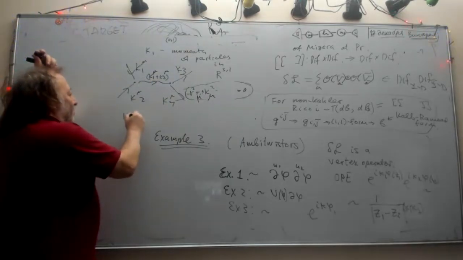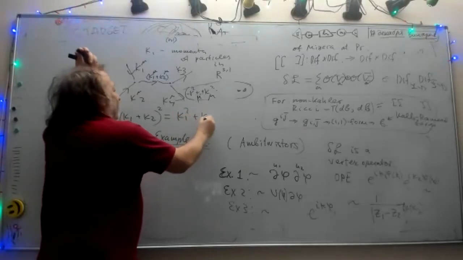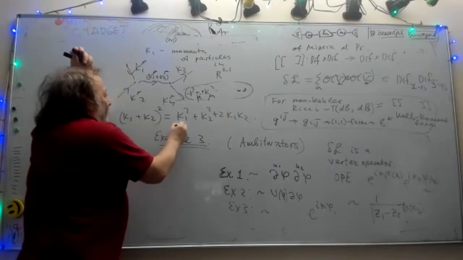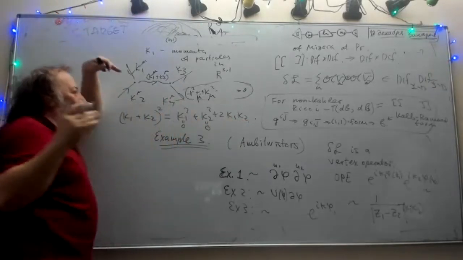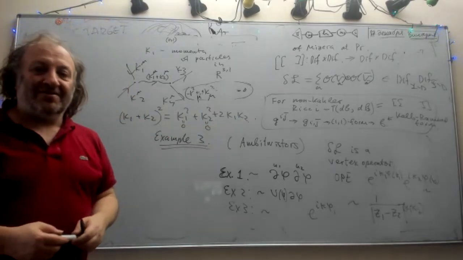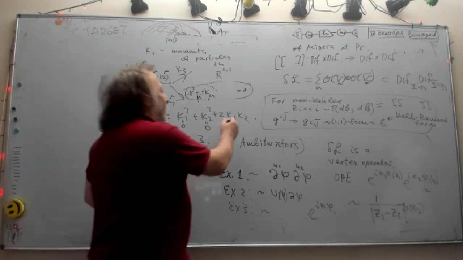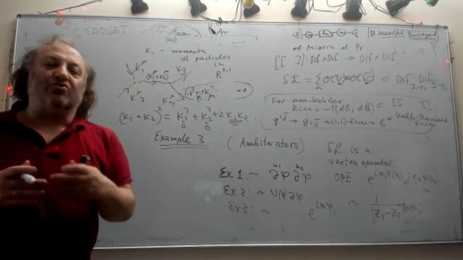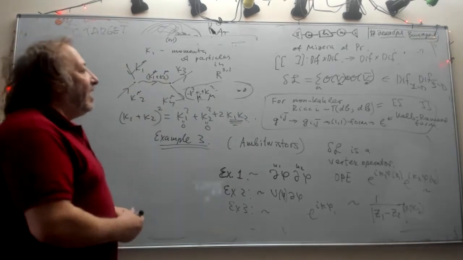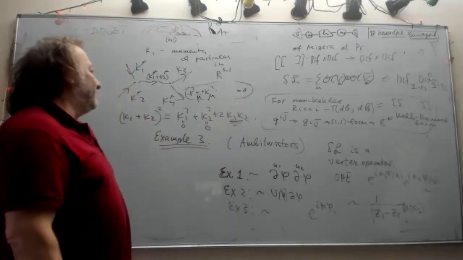So let us compute K1 plus K2 squared. It is K1 squared plus K2 squared plus 2 K1 K2. So this is 0 because it comes from the quadric. And this is not on the quadric. Okay? So K1 K2 is something that says how far you are from the quadric. And there was a man called Mandelstam who just classified this.